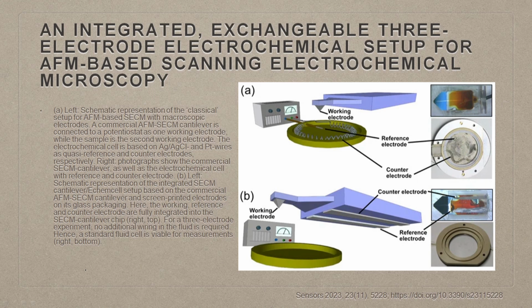So, getting back to the basics, those of you who have followed me in a bioelectrochemistry course prior to this know that a 3-electrode configuration is used for any electrochemical setup. One is the working electrode, the other is the reference electrode, the third is the counter electrode.